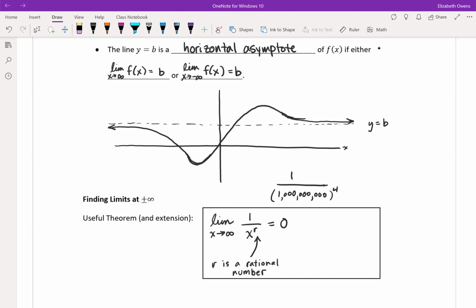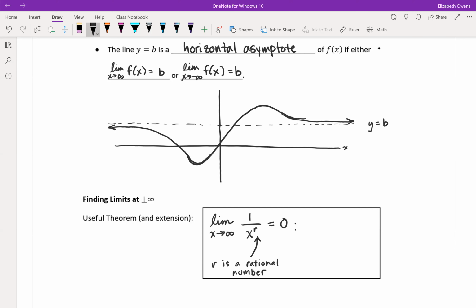So as x approaches infinity, that's numbers even larger than a billion, so that denominator is going to get simply massive, leaving us with very, very tiny numbers. As x goes to infinity, that value gets so small that we can consider it 0. So our limit is 0.